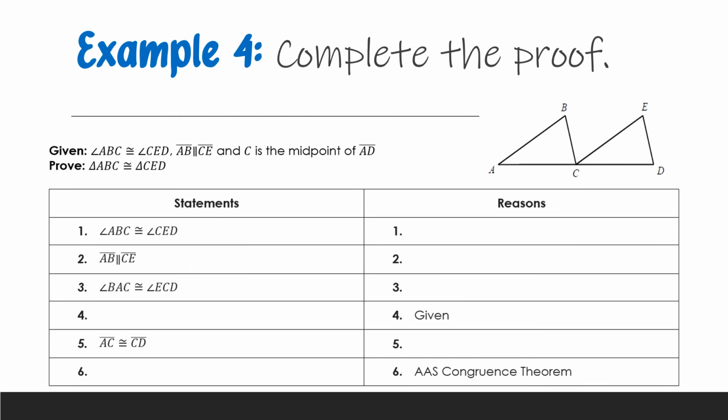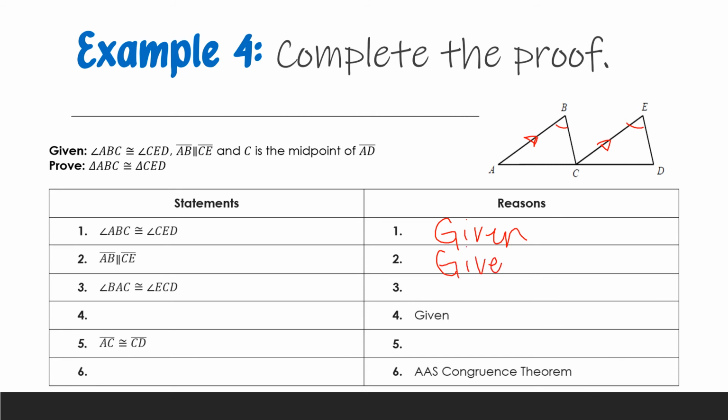In our second proof, we are told that angle ABC is congruent to angle CED. So I'm going to go ahead and mark that in the picture and then write that that was given. We're also told that AB is parallel to CE.